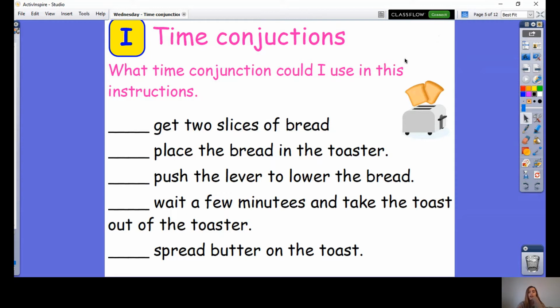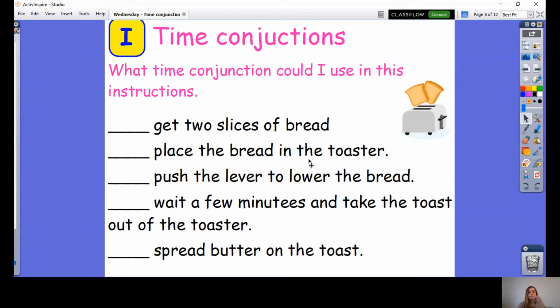Here I have instructions of how to make toast, and I need your help to think of what different time conjunctions I could put in my instructions for my toast. So I'm going to read them for you and then we'll pause the video and have a think. Get 2 slices of bread.